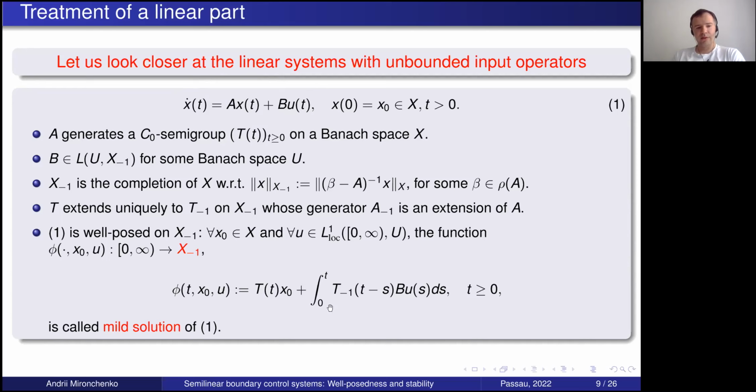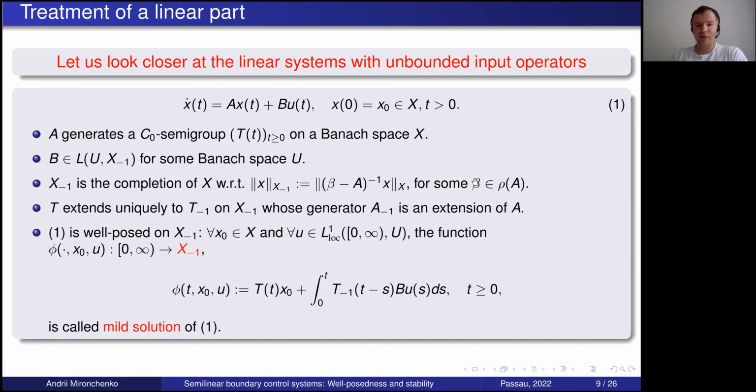Okay? So for all initial conditions x0 and for any u from L1 loc, we can define a mild solution. Furthermore, one can verify that it satisfies the cocycle property and all other properties we need. So basically this is a control system on X_{-1}.